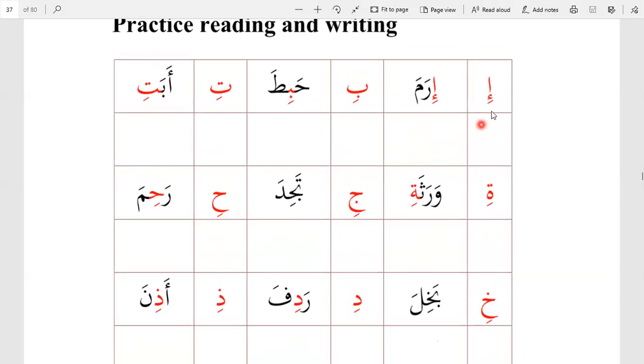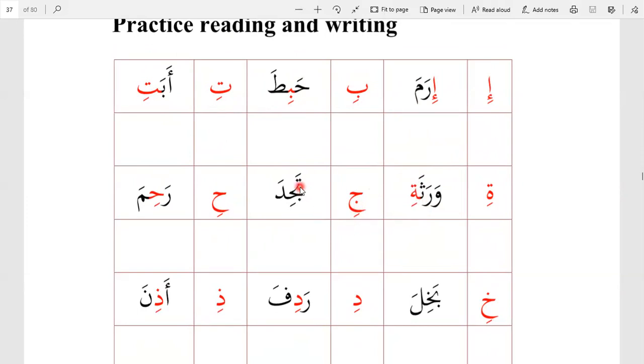Notice that what's happening here is they always put a letter, and then they put this letter in a word. They're putting a letter here, and then they're putting it in a word. So this is ti, and then they're putting it at the end of the word. Wa, ri, thi, ti, same sound.